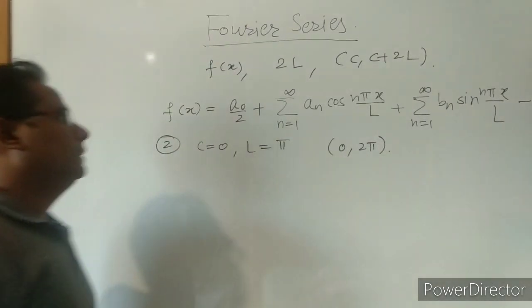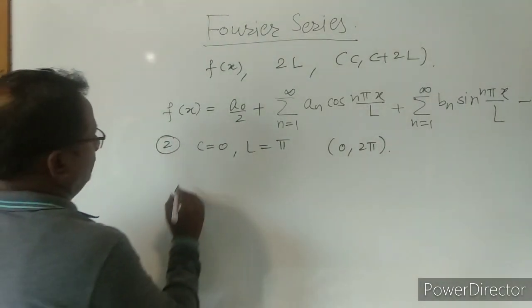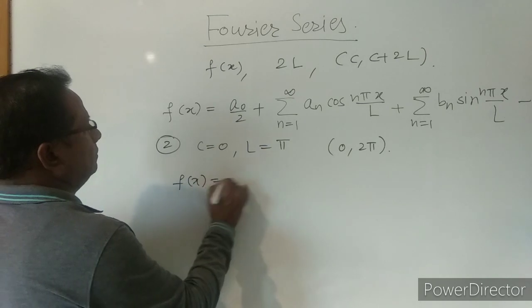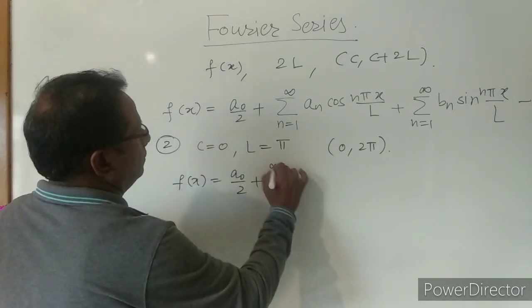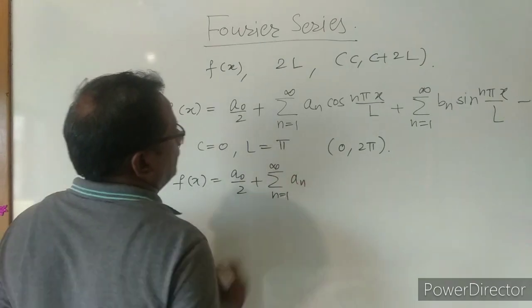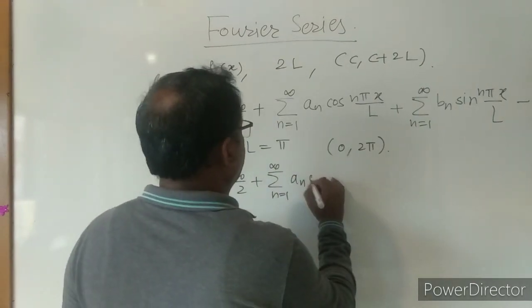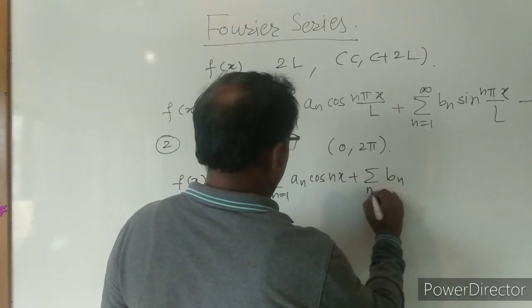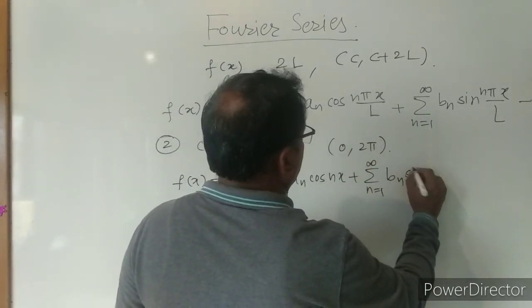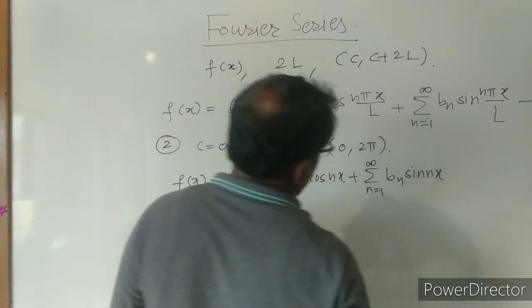And accordingly, this Fourier series will take the form f of x equals a0 by 2 plus summation n varies from 1 to infinity an cos nx plus summation bn into sin nx.